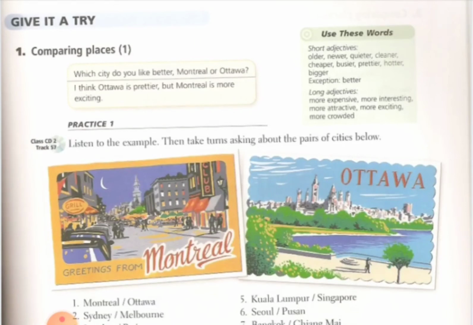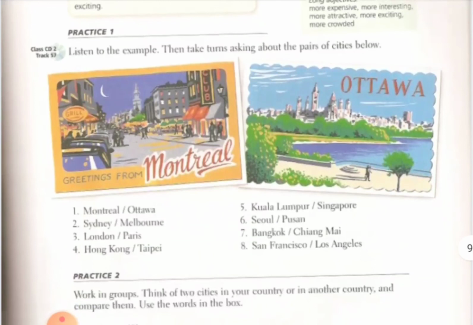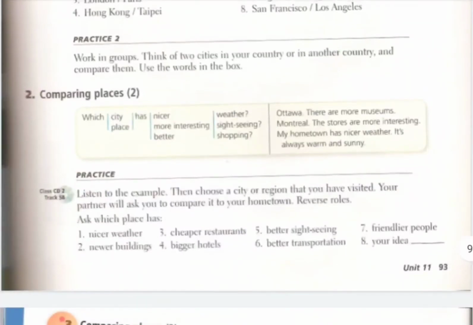We talked about this in detail in our lecture, and also we made this comparison between Montreal and Ottawa and other cities. We have another instance in which we compare two places when it comes to the weather, to the shopping centers, to the sightseeing, to historical sites.